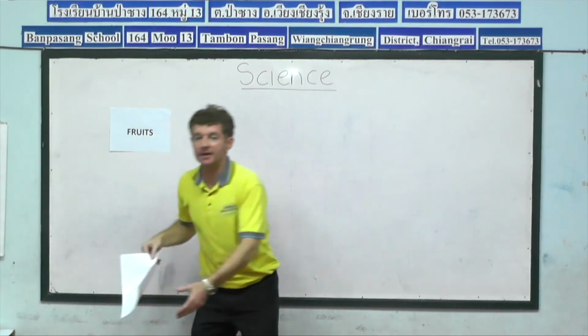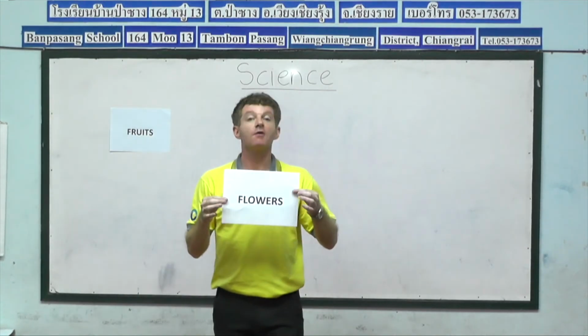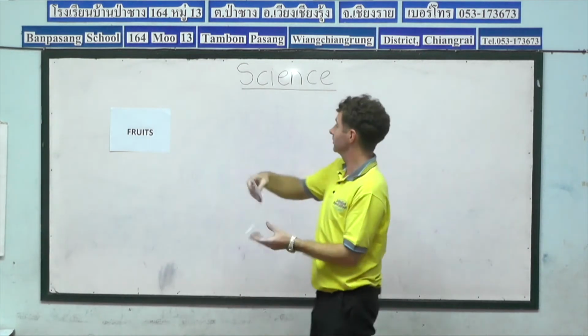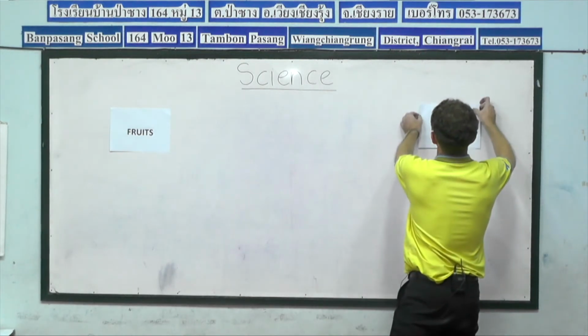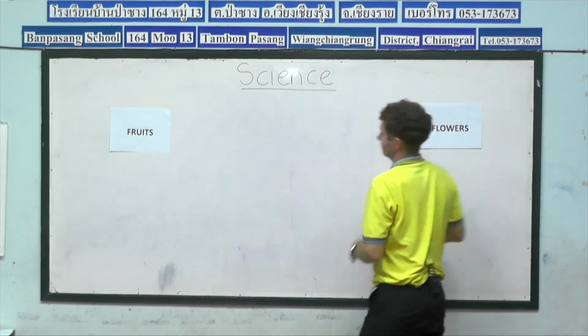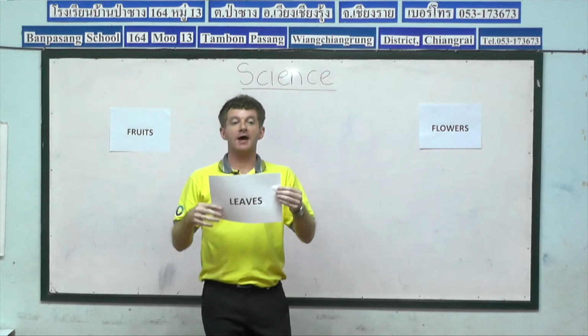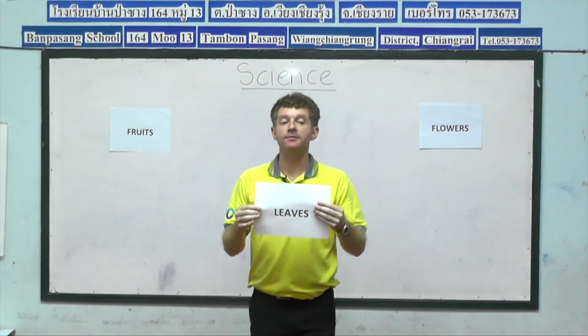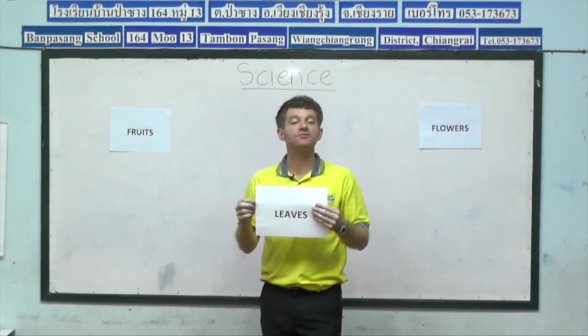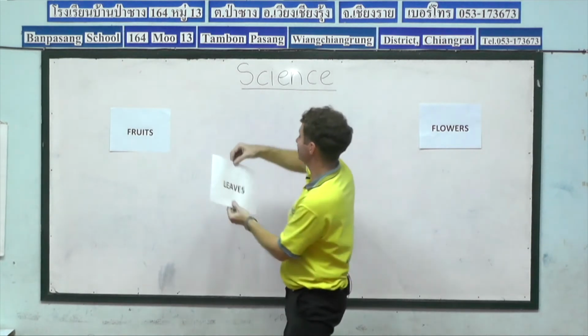And another one beginning with F, but not fruits, flowers. Okay, so let's have flowers over here. And another part of the plant we have is leaves. Okay, leaves. Well done, leaves.